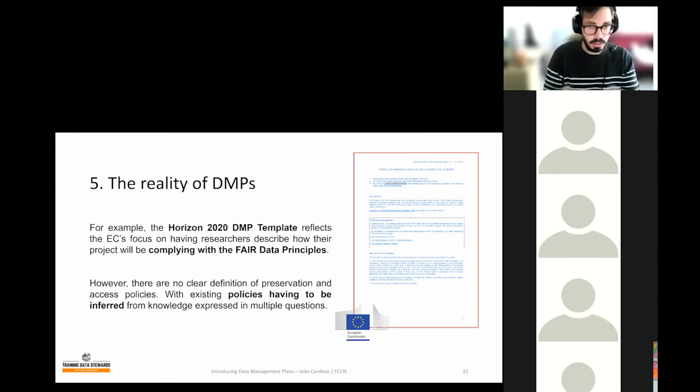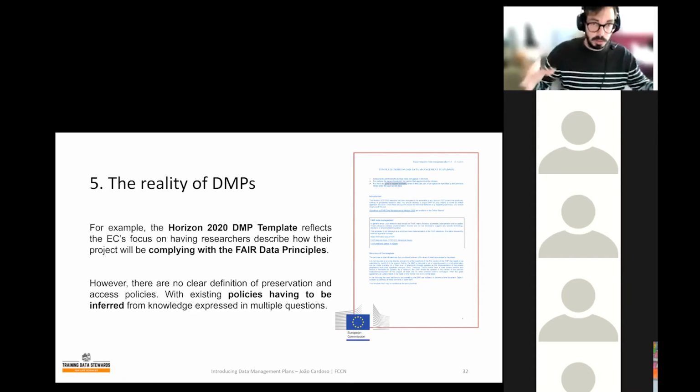A very good example was the DMP template for Horizon 2020, which focused almost exclusively on how researchers would comply with the FAIR data principles. At the same time, there was no clear definition of what the preservation and access policies were, and no clear definition of different data sets.